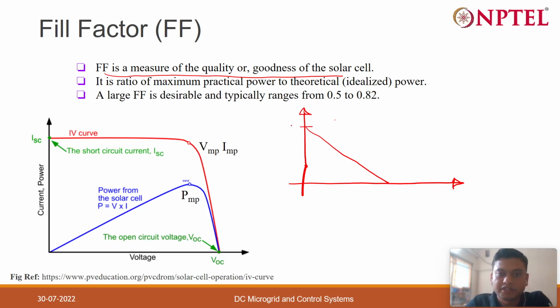So this one is ISC and VOC. And the corresponding power we can extract from it, how bad the PV cell is, and the corresponding rectangular area we can get is as shown.